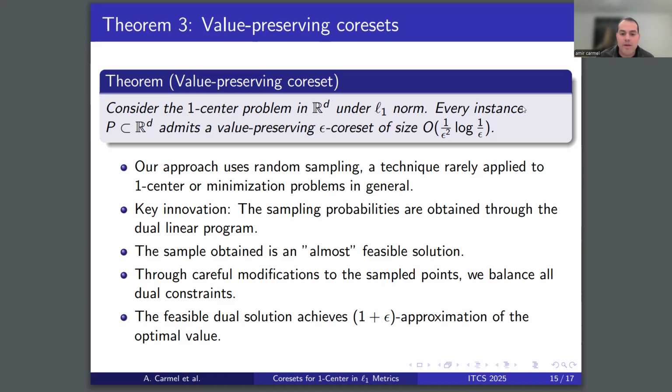So it provides a bound on the objective value. And this bound, we show that it doesn't deviate by much. It's just a 1 plus epsilon approximation. So we actually show how we can sample a number of points independent of the dimension, and then obtain a good solution.